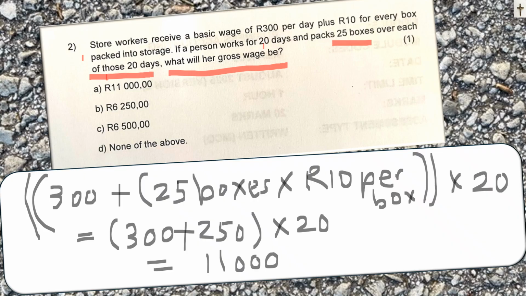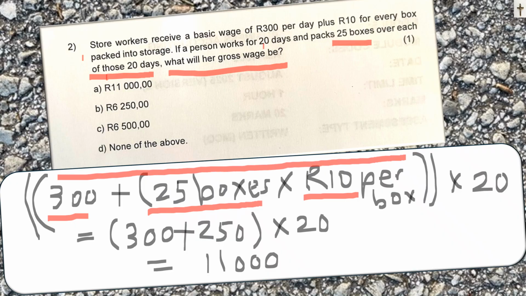So it's 300 Rand per day. This worker packs 25 boxes per day and gets the extra 10 Rand per box. So in 1 day, this worker earns 300 Rand plus 25 multiplied by 10, and the worker works for 20 days.